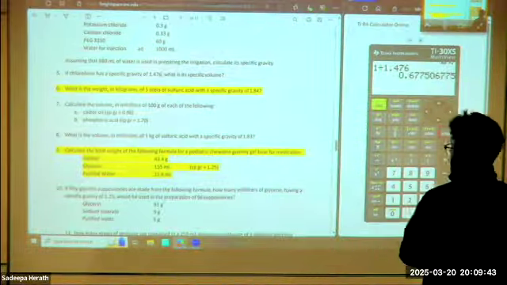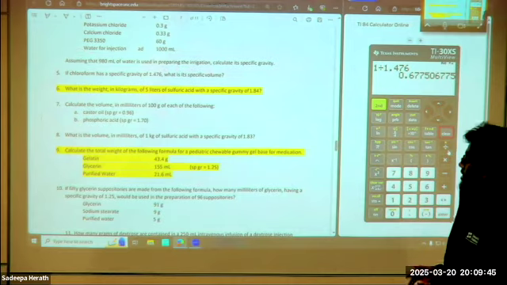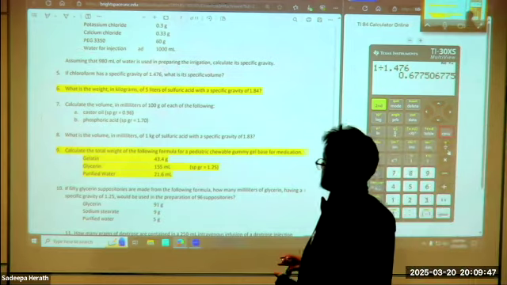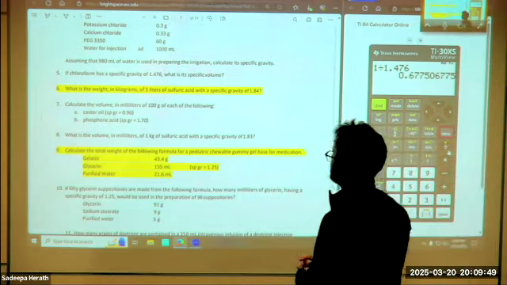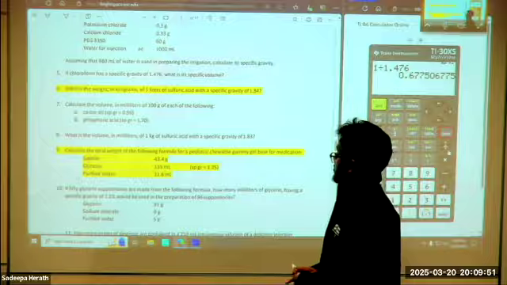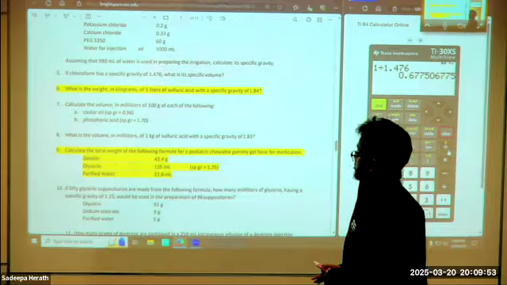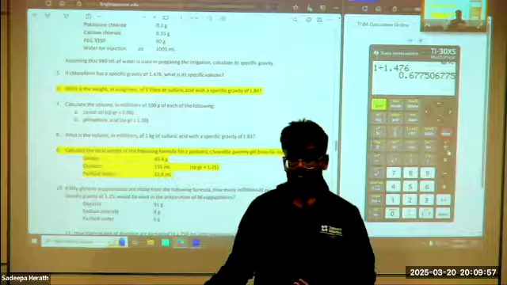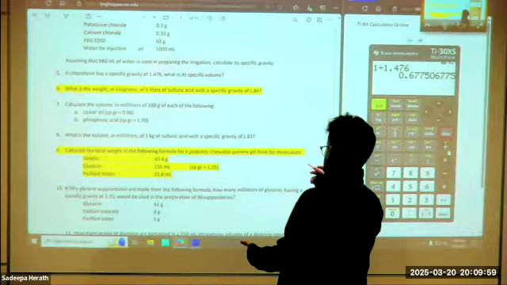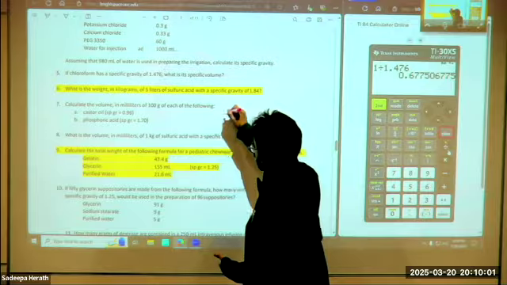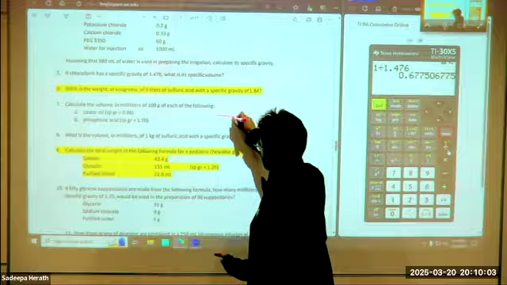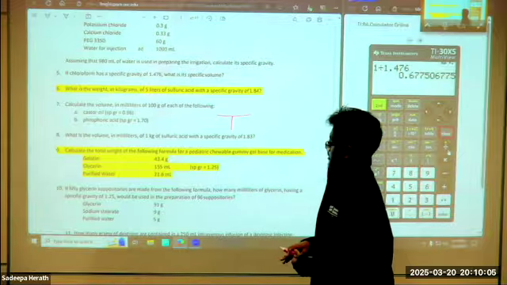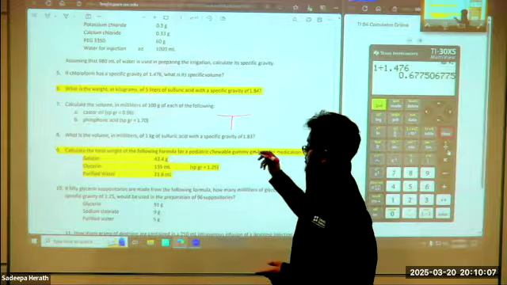Next question, 6. What is the weight in kilograms of 5 liters of sulfuric acid with a specific gravity of 1.84? Okay, so let me give you guys something that helps me usually with questions like these. I draw this little pyramid looking thing. It'll look like a pyramid eventually.